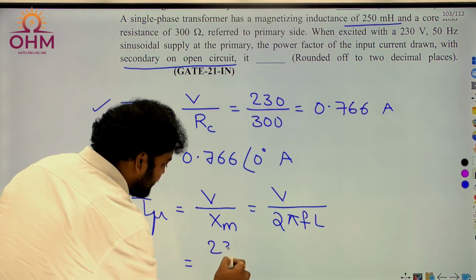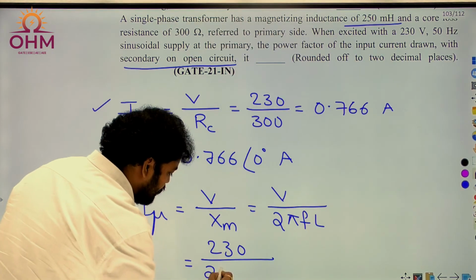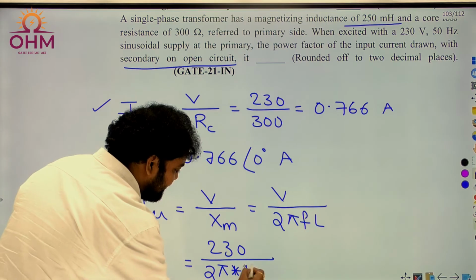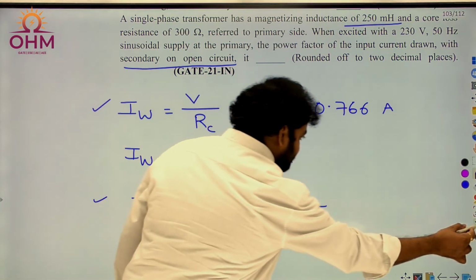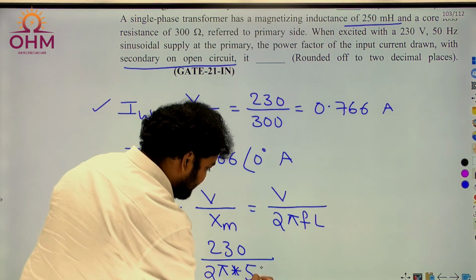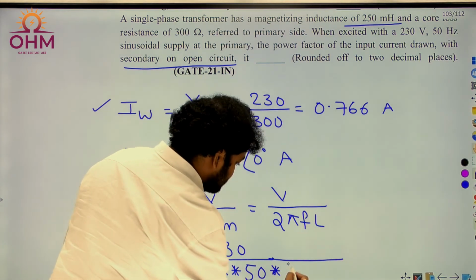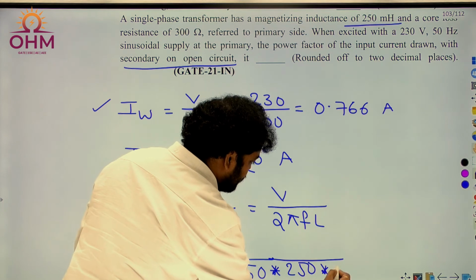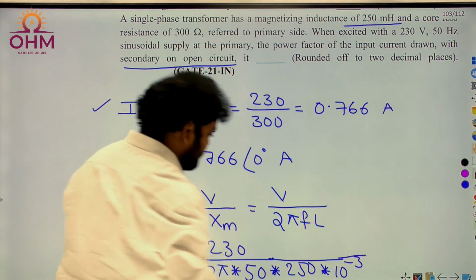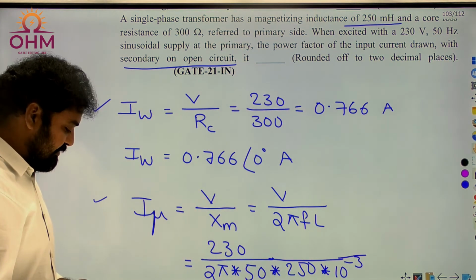Voltage is 230 divided by 2 pi into frequency 50, and inductance is 250 millihenries, that is 250 into 10 power minus 3. This will directly tell you the magnetizing current.